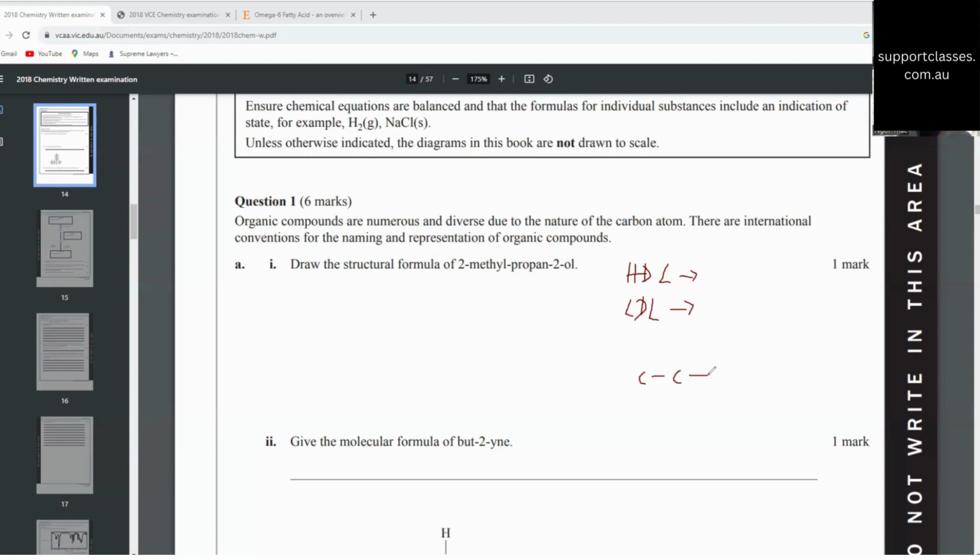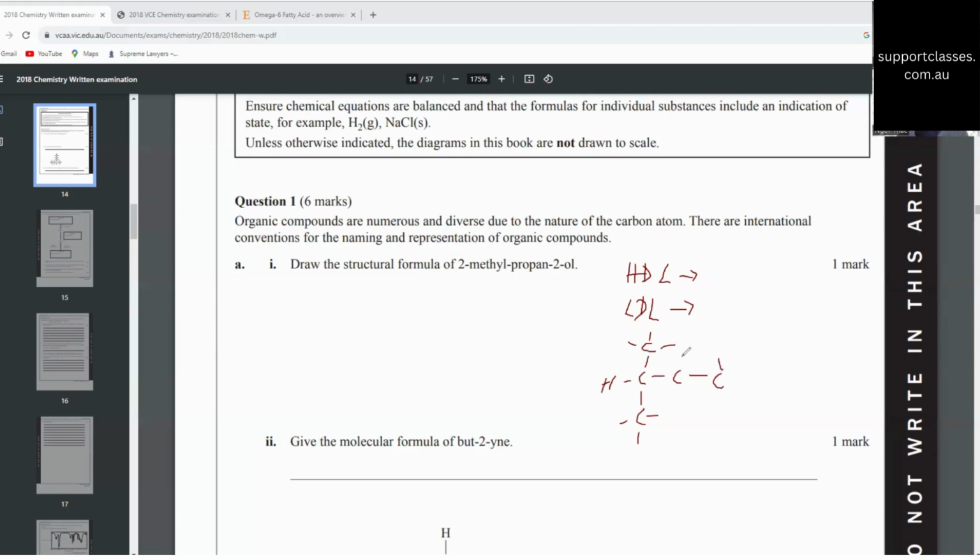So if they are not saturated, then it has more branches, right? So like this. What happens if you have a lot of branches like that?